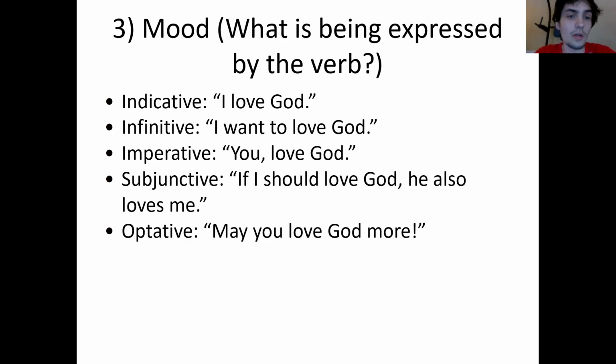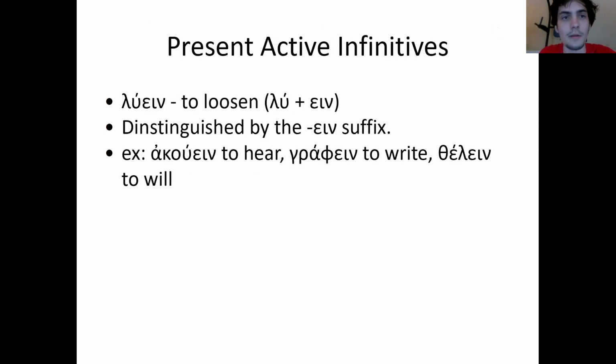It acts more like a wish rather than as a command or anything like that. Today, we're just talking about indicative, loving God. And there are more moods, but there's also the participles, but we won't talk about these in this lecture. So we also will be going over infinitives.